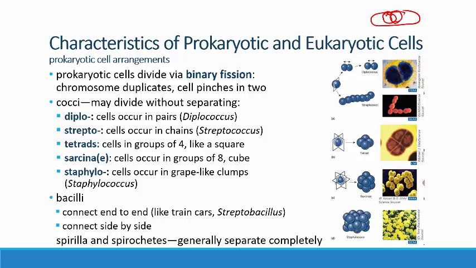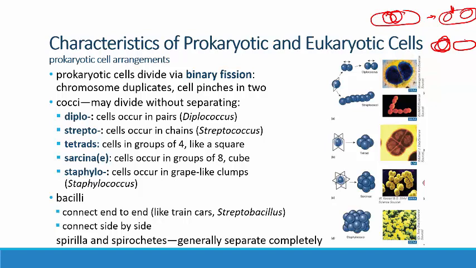It's also attached to the membrane, and over time, as the cell grows, the two chromosomes are going to separate from each other because we're adding more cell membrane in between where they are attached. And so finally, the cell will pinch into two, and we get two smaller rod-shaped bacteria.